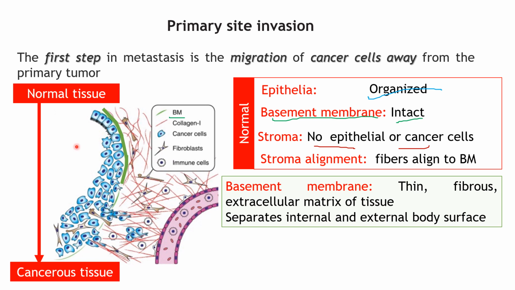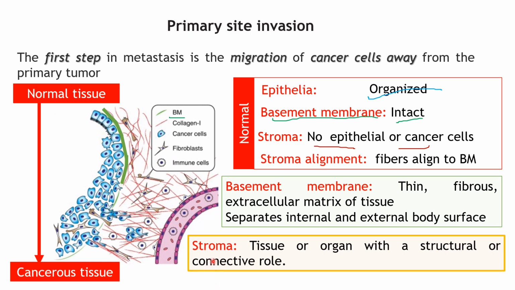And just to remind you, a stroma is a tissue or organ that has a structural role for support, or a connective role, like here, separating the epithelial cells. Here you have the structure that keeps the epithelial cells together, and here you have the blood cells.